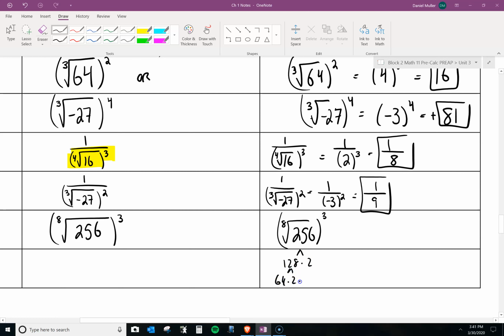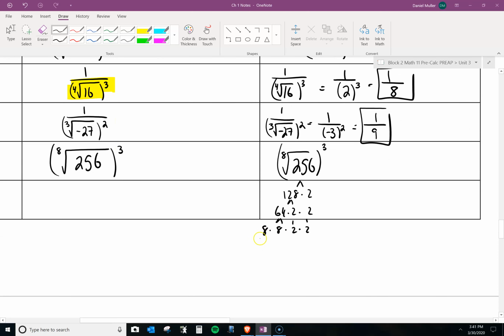This is 64 and 2. This is 8 times 8 with these two 2's. And every 8 is a 4 and a 2, and then a 4 is another 2 and a 2. So every 8 is 2 and 2 and 2. 2 times 2 times 2 is 8. That 8 is 2, 2, and 2.